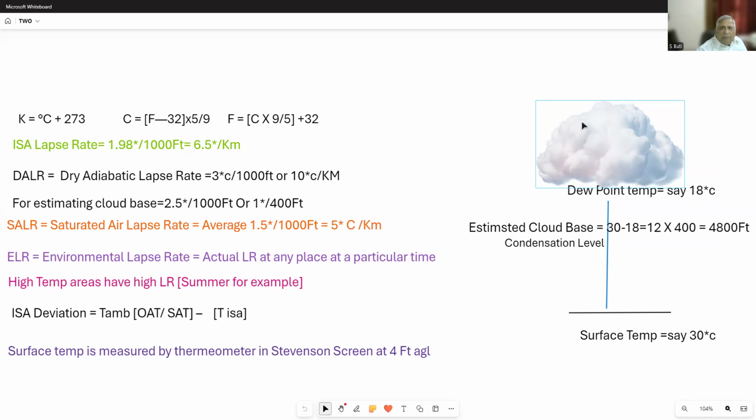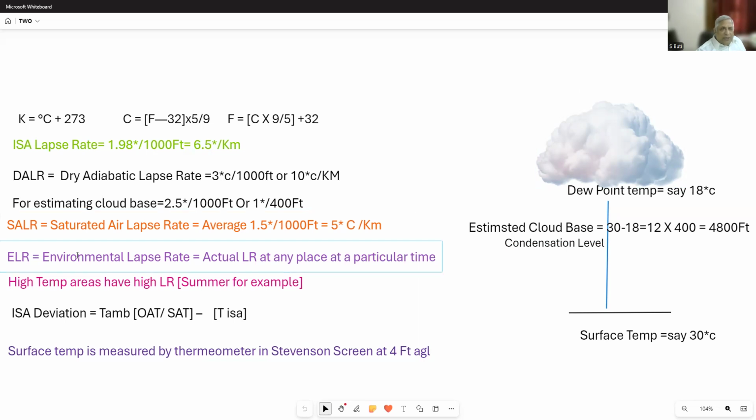The latent heat being released will keep becoming less and less as you go up, and the lapse rate will gradually improve. So the average lapse rate in a saturated parcel of air is called the saturated adiabatic lapse rate, which is 1.5 degrees per 1,000 feet or 5 degrees Celsius per kilometer.